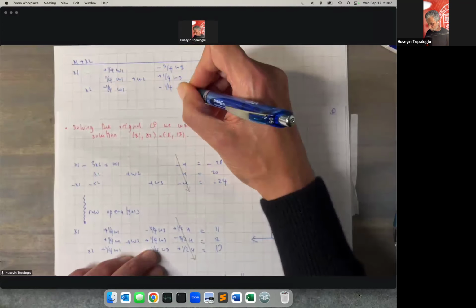Okay, so multiply constraints 1 and 3 with -1 and -1 and add them to the objective function row. Great. And this is trick number 3. And this is the last trick of today.